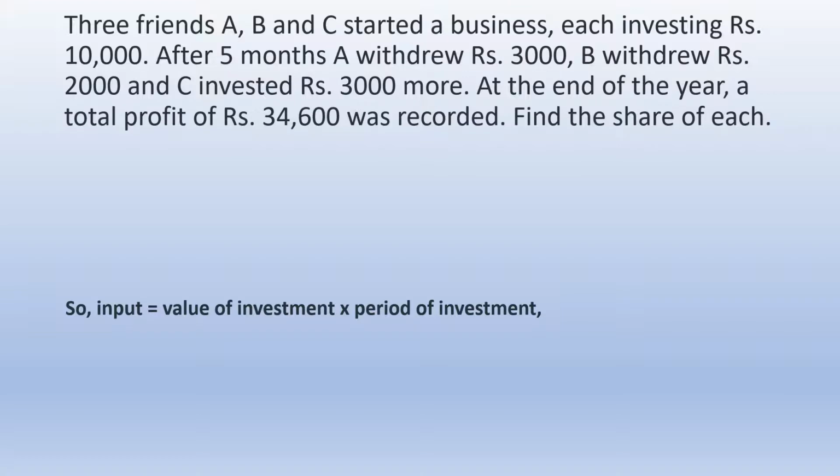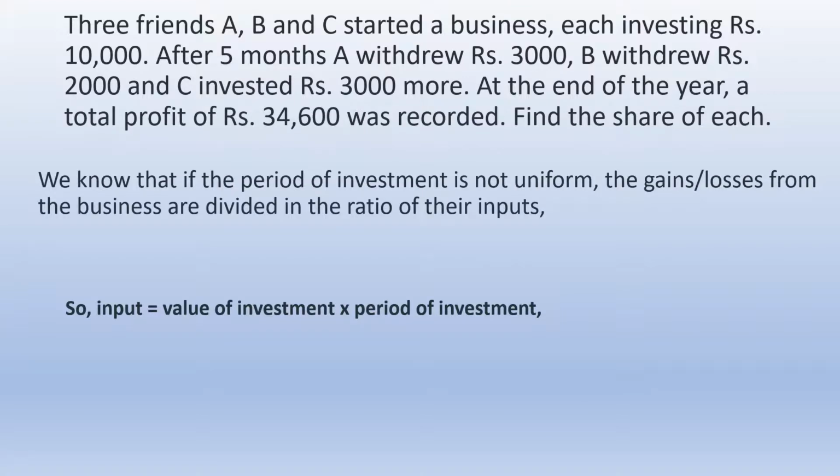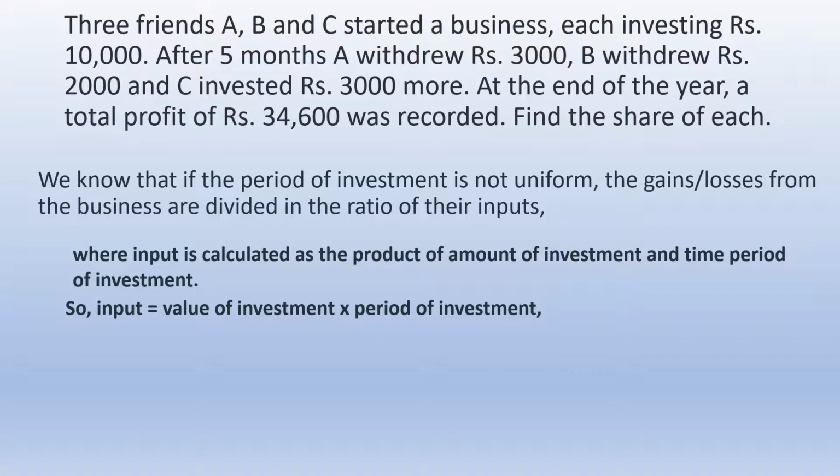Let us start. So we know that the period is not uniform. The gain or loss are also not uniform. So we consider here input. The input is calculated as the product of amount of investment and the time period of investment.